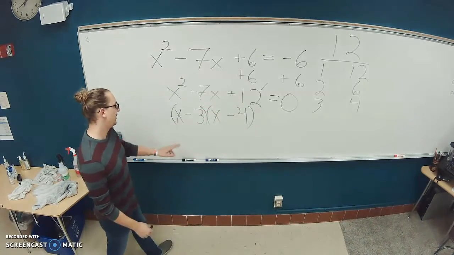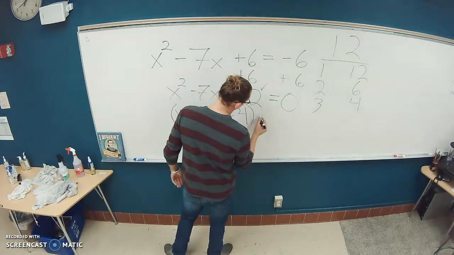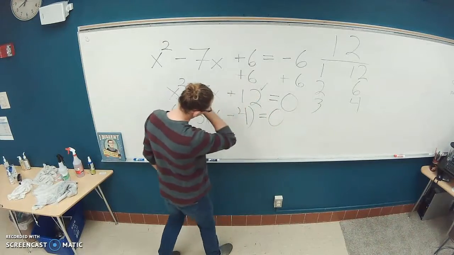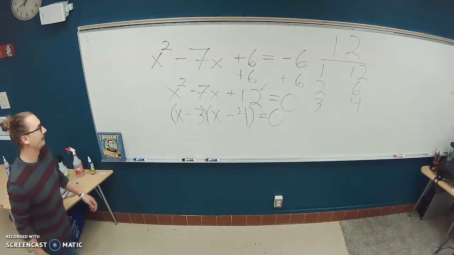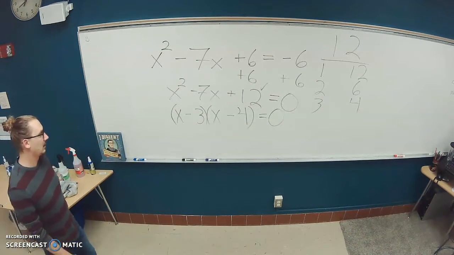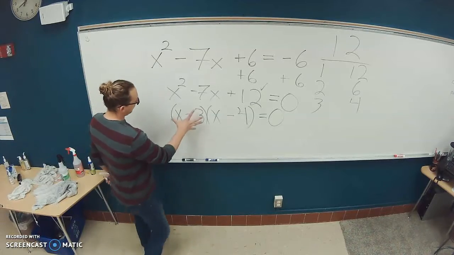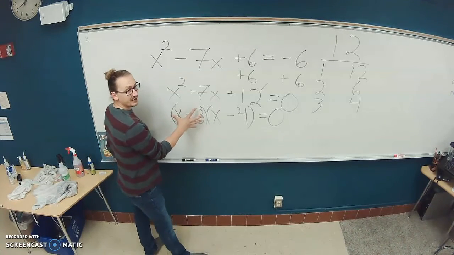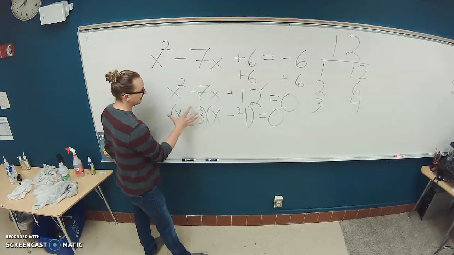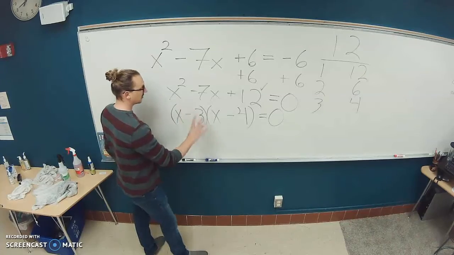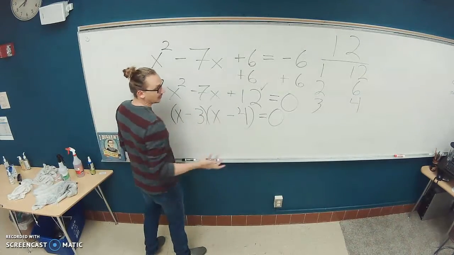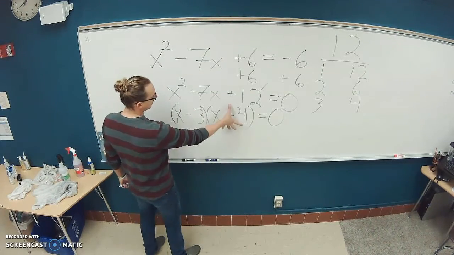Okay? So these two are equal to 0. We're not done yet. Keep in mind, if whatever is in this first parenthetical ends up being 0, 0 times whatever this is will equal 0. Same thing with the second one.